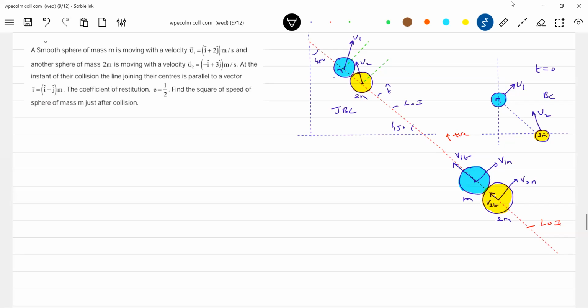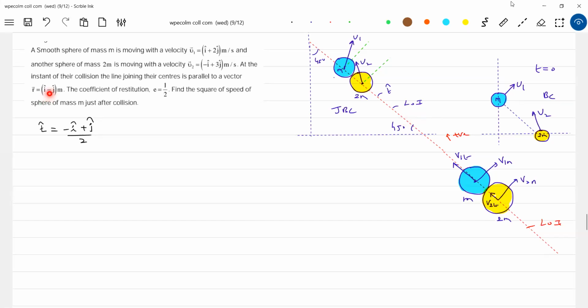T cap is there, no? T cap is what? We can assume the direction. Is it okay? So it will have unit vector minus I cap plus J cap for the line of impact.